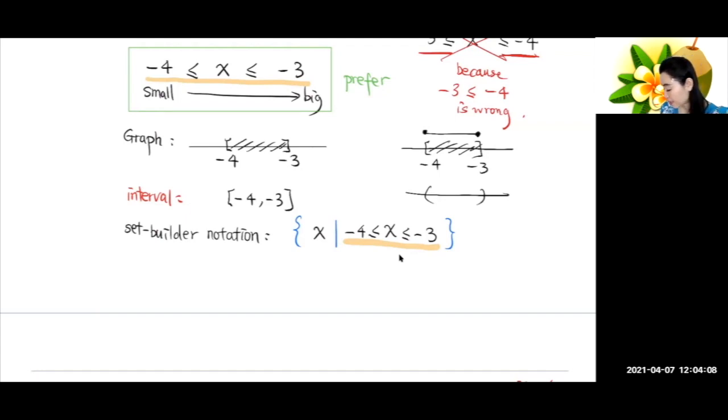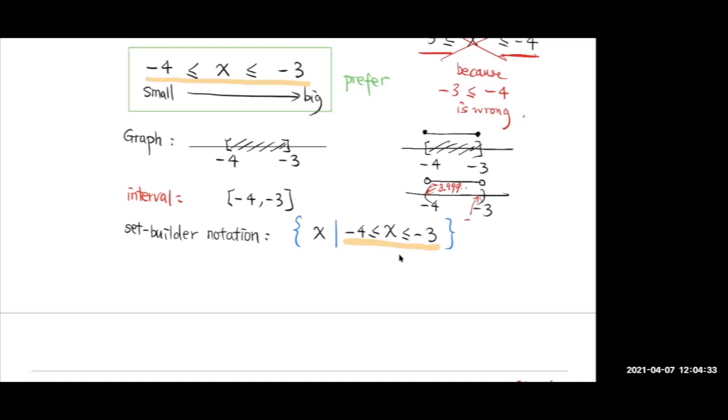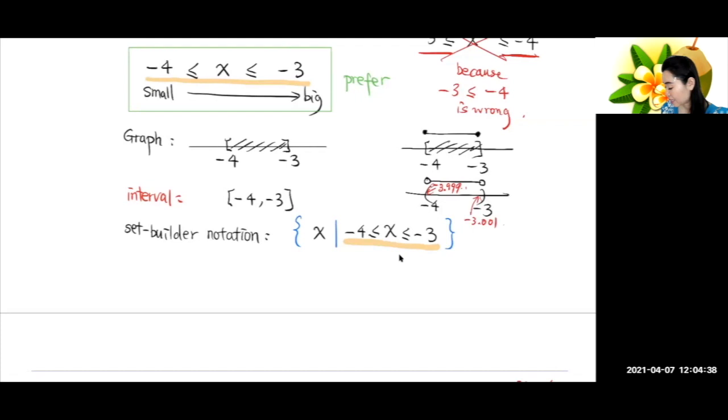If you have parentheses, then that means the two ends are not included. So over here you could have -3.99, -3.999, etc., and over here you can have -3.001, -3.00001, as long as it's on this side.